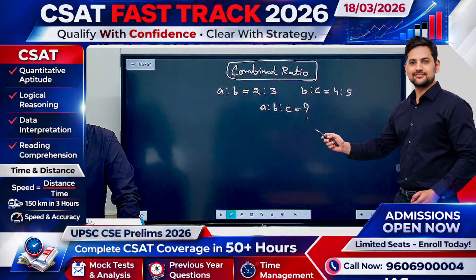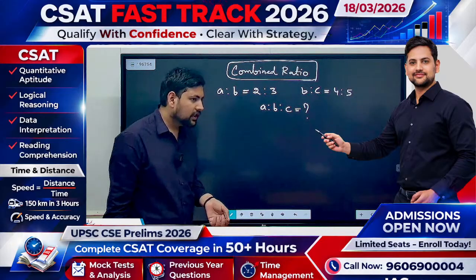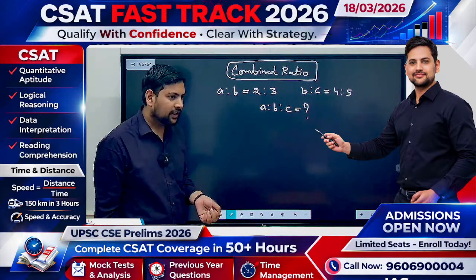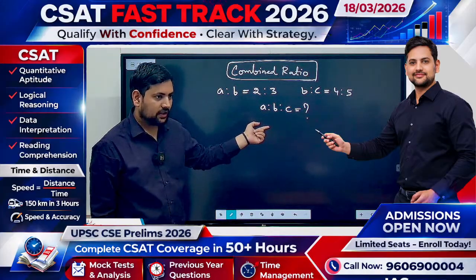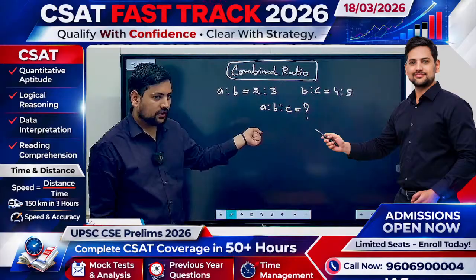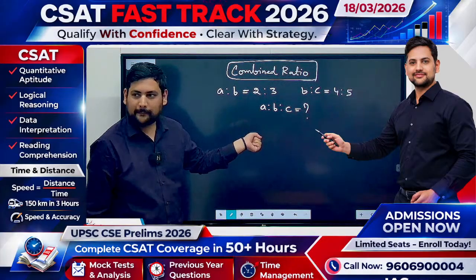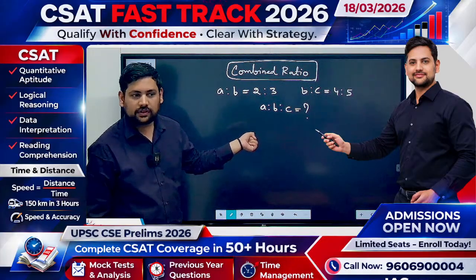What do you think, intuitively, how can you reach it? Equate both of them as in A by B is equal to B by C. What should we do?